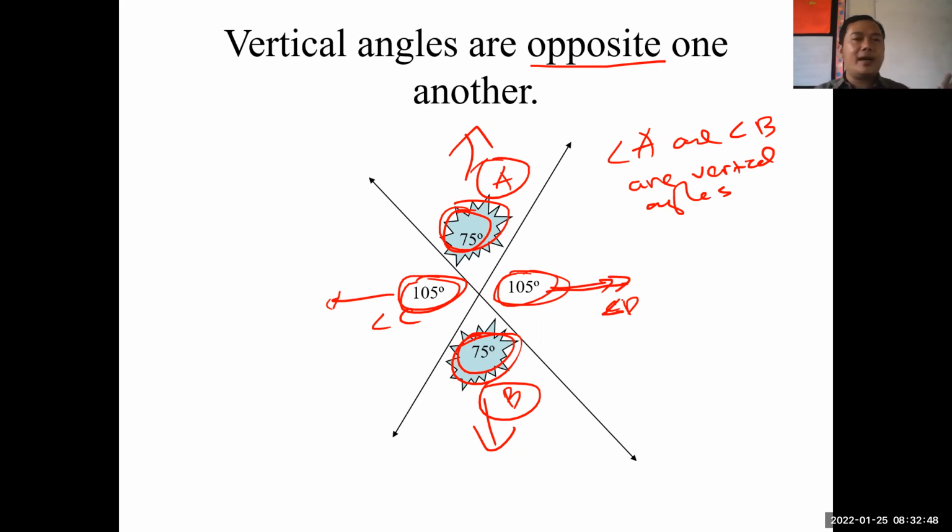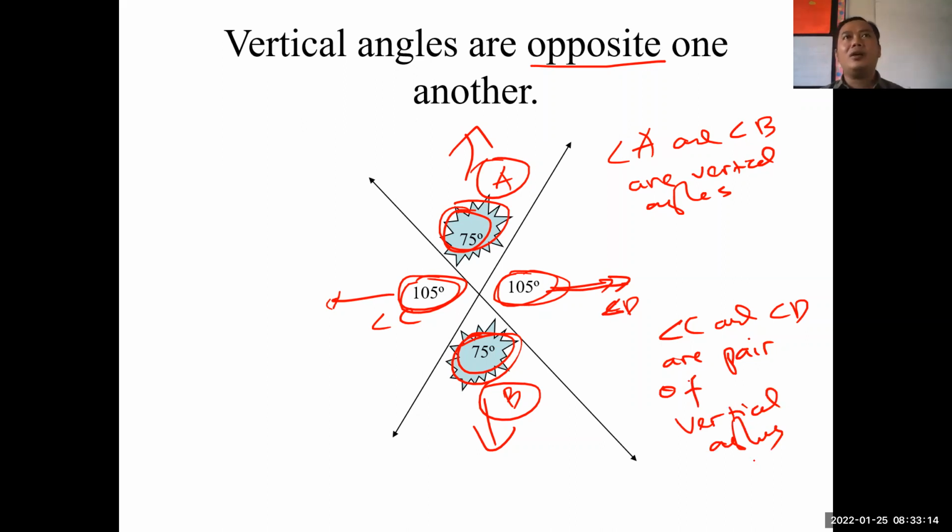Yang satu dia ke kiri, yang satu ke kanan. Nah mereka juga vertical angles gitu. Pasangan vertical angles adalah yang B sama yang D. So we can say that angle C and angle B are pair of vertical angles, gitu ya.